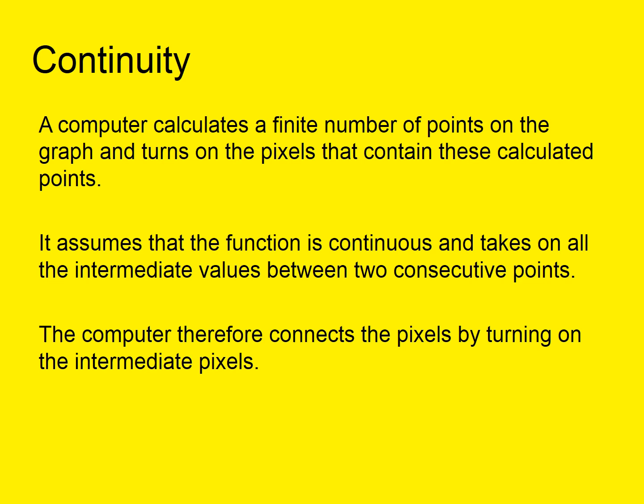It assumes that the function is continuous and takes on all the intermediate values between two consecutive points. Now here's the interesting part. The computer therefore connects the pixels by turning on the intermediate pixels. Tricky.